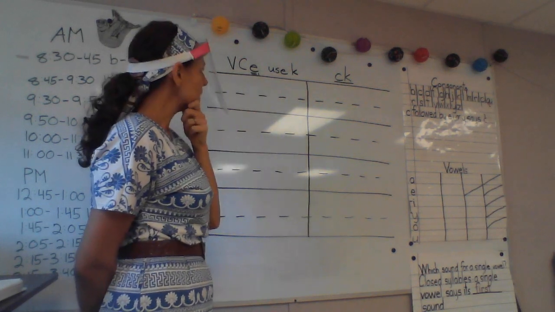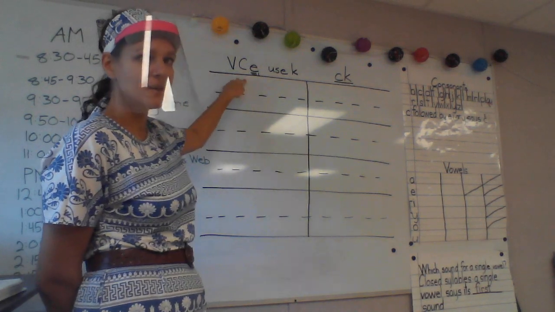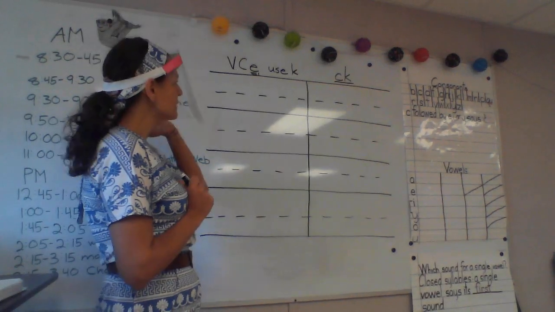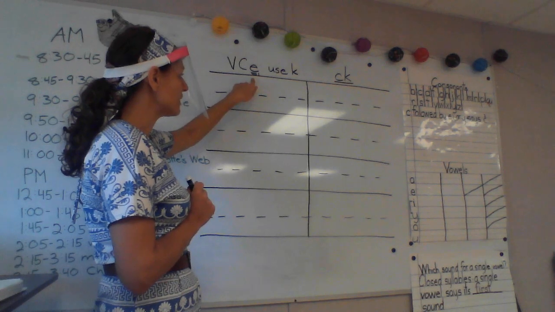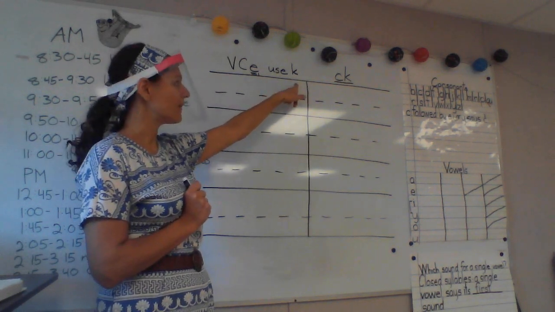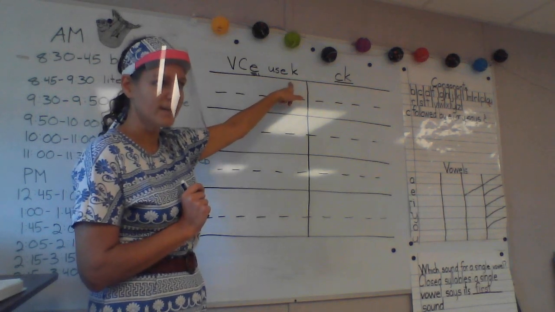Right? So does anyone know why, if we have a vowel and a consonant, a silent final E, why do we use line letter k instead of the other k? Do you remember?